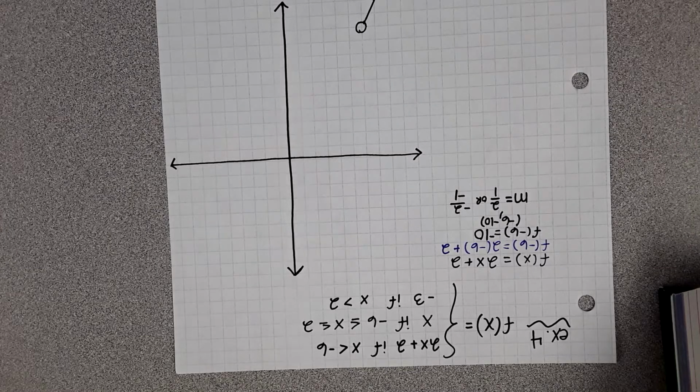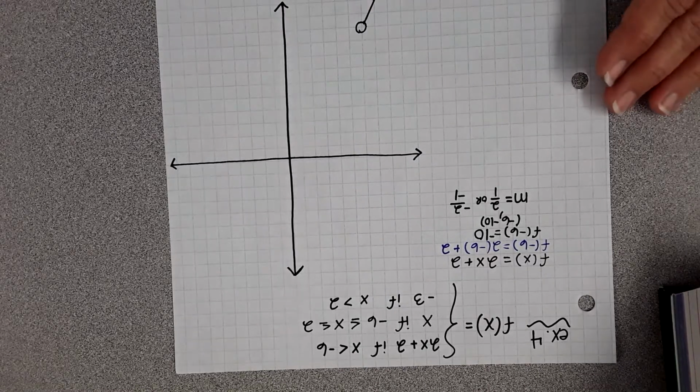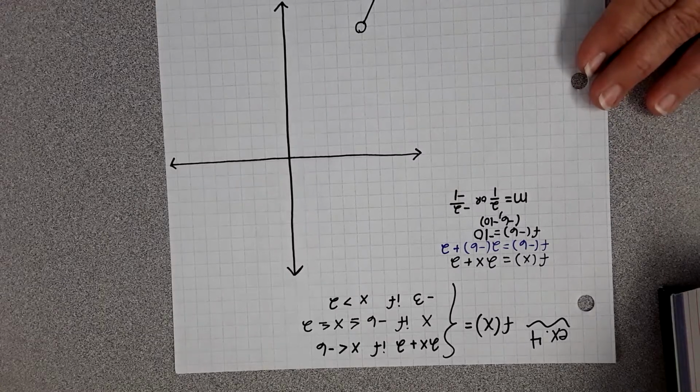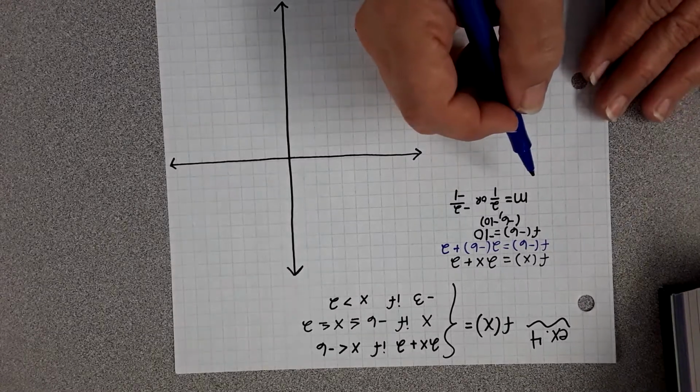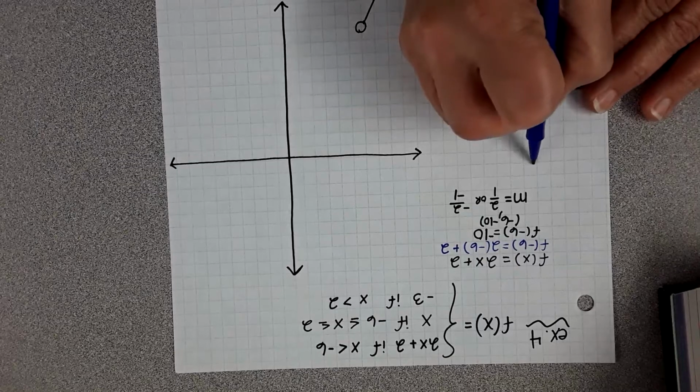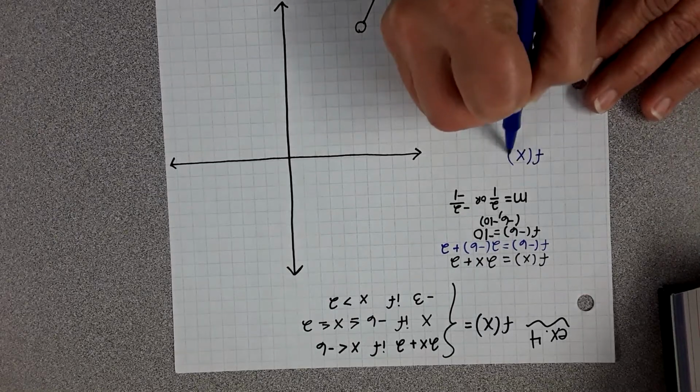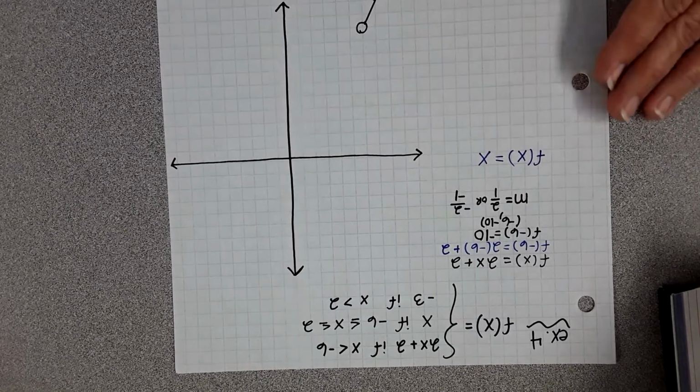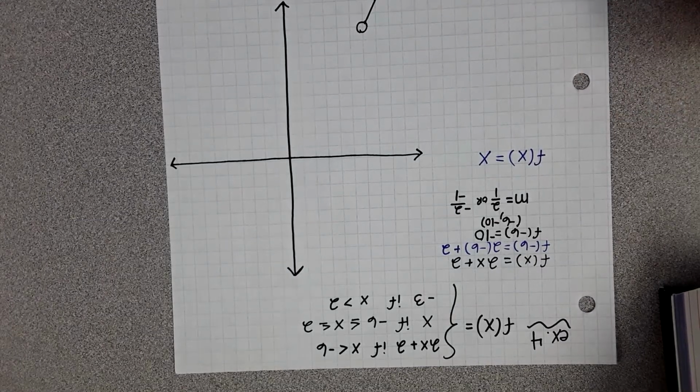Does it make sense? A little bit. Okay, you ready? What's the next line that I'm going to focus on? And what is line 2? f of x equals x.